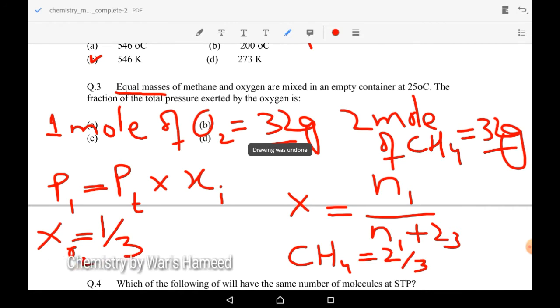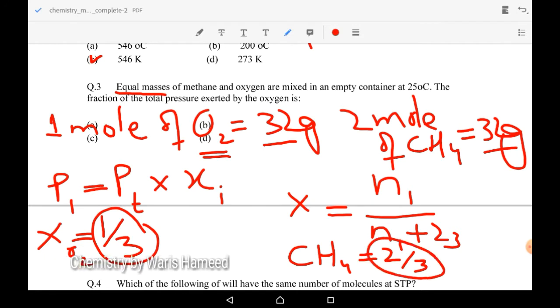Now, with the same total pressure, oxygen will have 1 by 3 partial pressure, its unit depends upon the question, and CH4 will have 2 by 3 partial pressure. If it asks about oxygen, we write 1 by 3, and if it asks about CH4, we write 2 by 3. I hope this MCQ is clear to you.